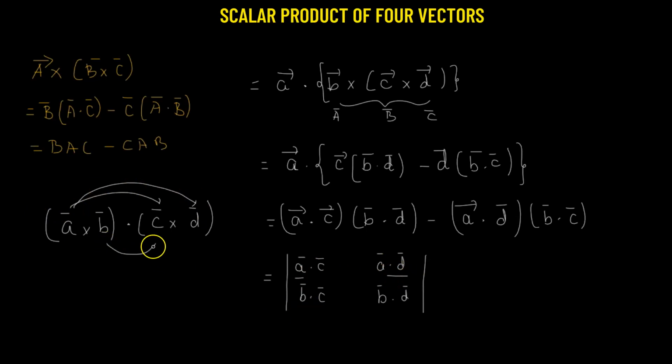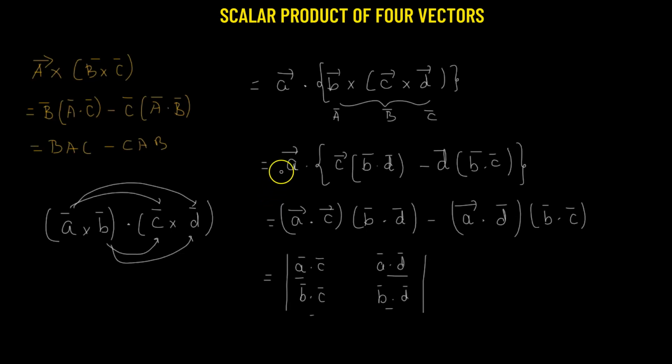And then in the second row we have B dotted with C and B dotted with the vector D. So this is how we can find the scalar product of four vectors A, B, C and D.